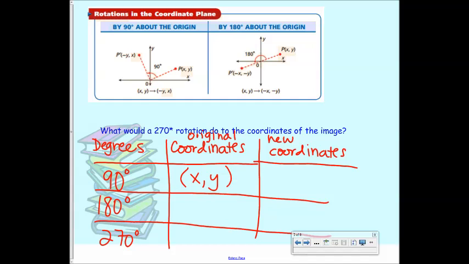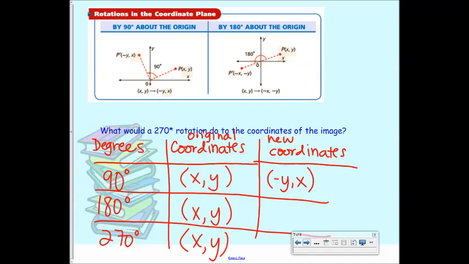So if my point was originally x, y, and I rotate it 90 degrees, what happens to the coordinates? What do I do with the x and the y? Flip them, and the y becomes negative. So we say negative y, x if you're rotating 90 degrees.